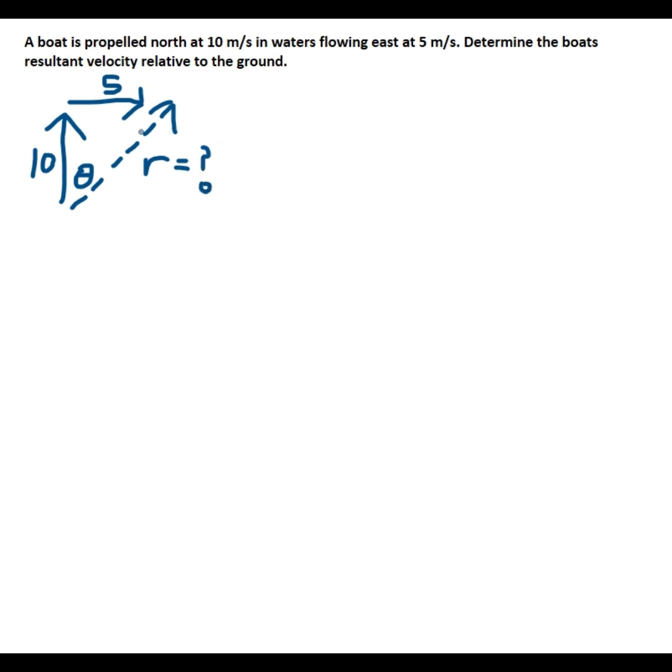We see that it'll be pointing in the east of north direction with the way that we have set up this diagram. So we can find the magnitude of the resultant using the Pythagorean theorem, which states that the resultant squared is equal to the x component squared plus the y component squared.